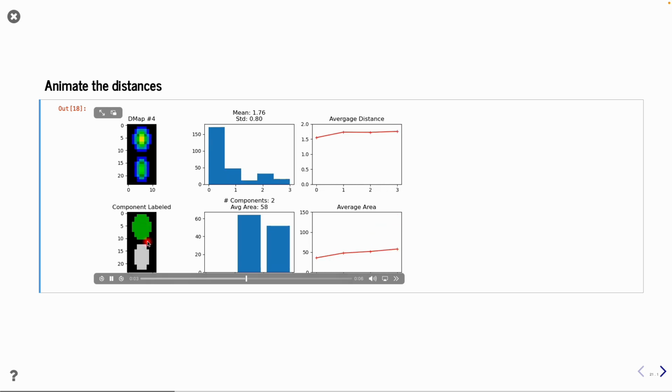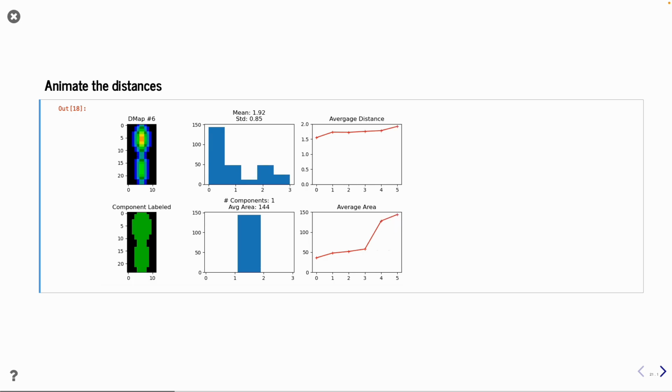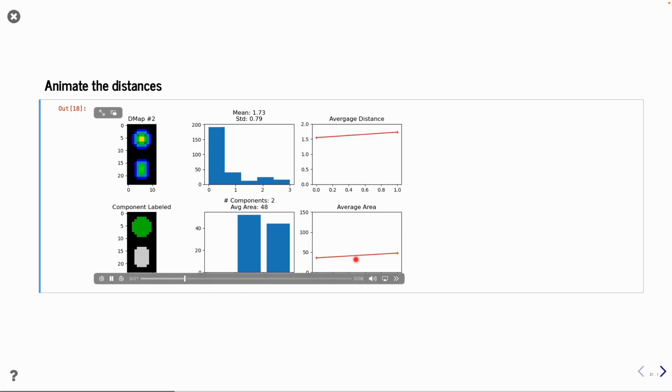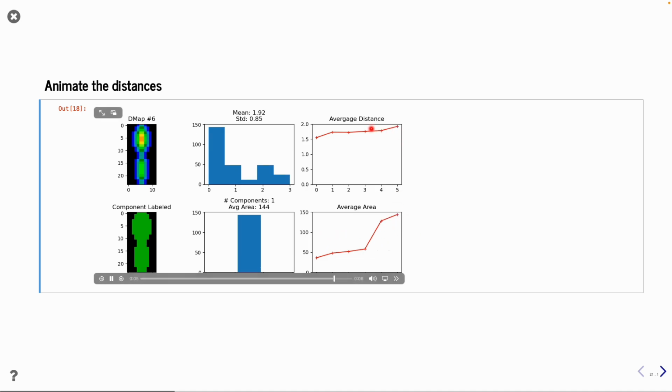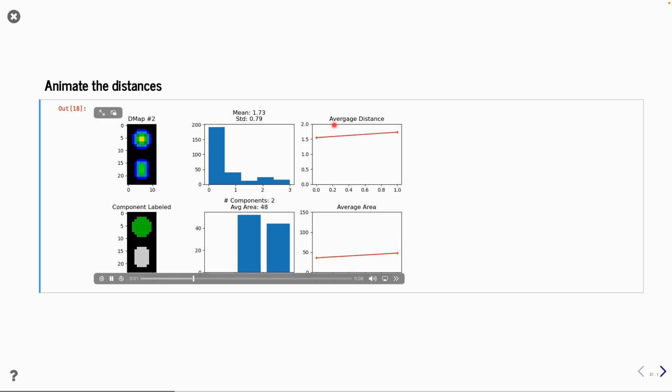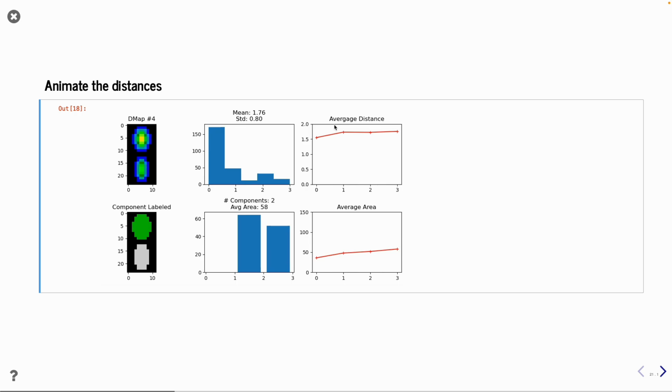They're growing, growing, growing, and then all of a sudden they touch each other, and the component labeling cannot separate them, and all of a sudden you have a very large object instead, and that is what you see in this curve. So here we can say that the average distance is a better metric than component labeling and area measurements. So that's a little bit to see the contrast of what different methods can do for you.